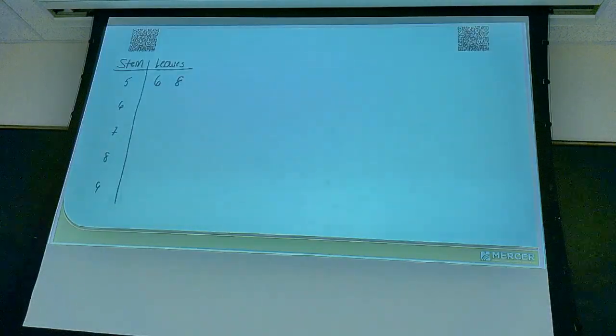Again, try and leave enough space. I don't want to read that as 68. So you want to leave yourself enough space so that you know it's a 6 and then the leaf, but even that would be fine.